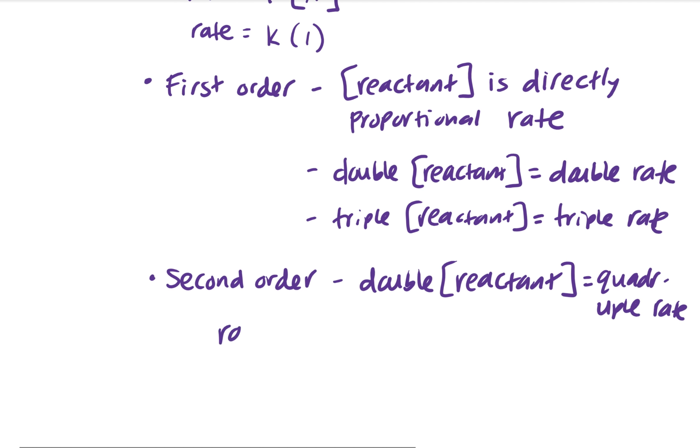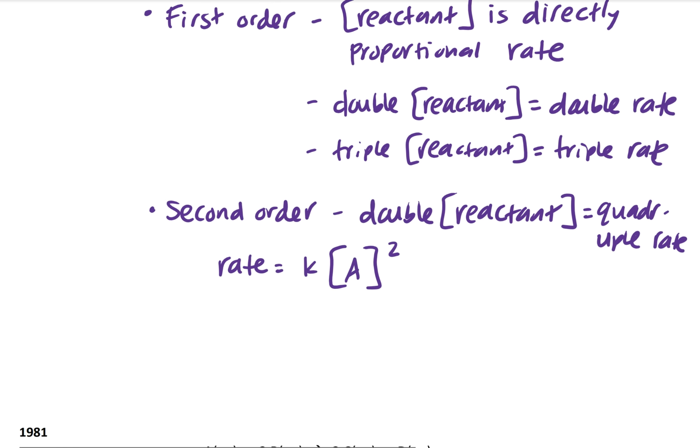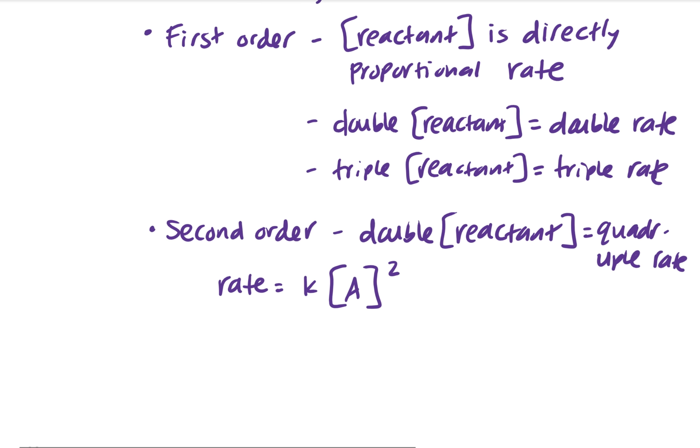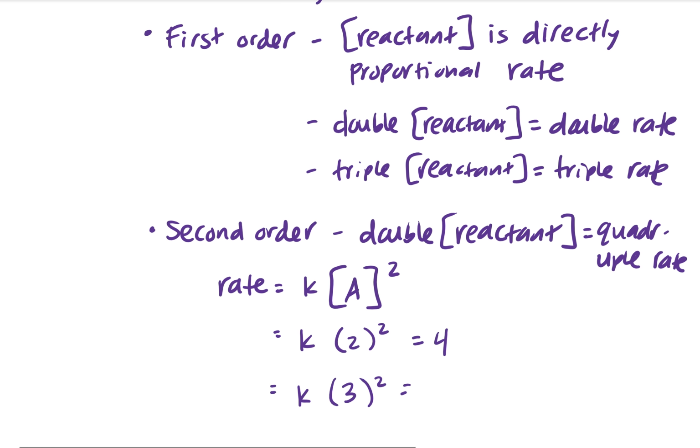And this is because if you have rate is equal to k, and let's say we have A again, but now it's second order, meaning its exponent is 2. If you plug in a 2 for A, it becomes 2 squared, and you'll get 4. So the rate is going to increase by a factor of 4. Let's say I plug in a 3 for A. It's going to be 3 squared, and that's going to increase by a factor of 9.